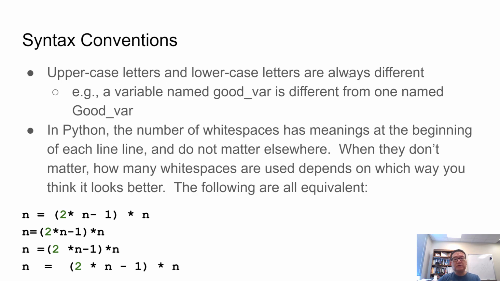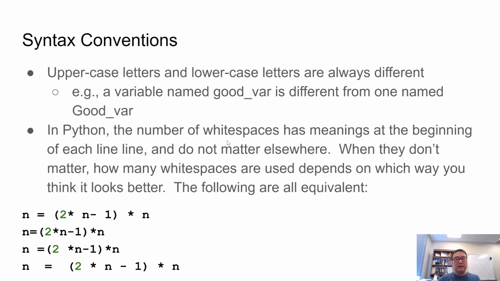They are always different, so when you use a built-in function, make sure you use the right case. Similarly, if you have a variable named goodVar, it will be different from one named goodvar, so make sure you use consistent uppercase and lowercase for your variable names.